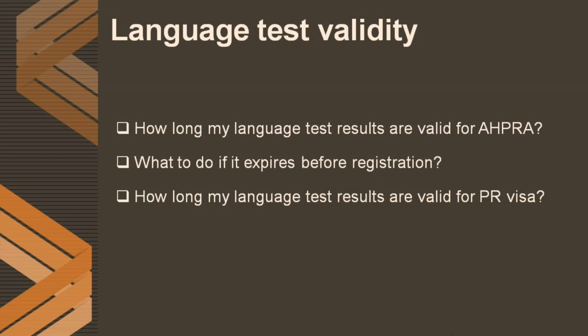How long are my language test results valid for the PR visa? Once you get the ANMAC assessment and AHPRA registration, if you apply for the PR visa, the validity will be extended for 1 more year. So after your English language test, within 3 years, you can apply for the PR visa.